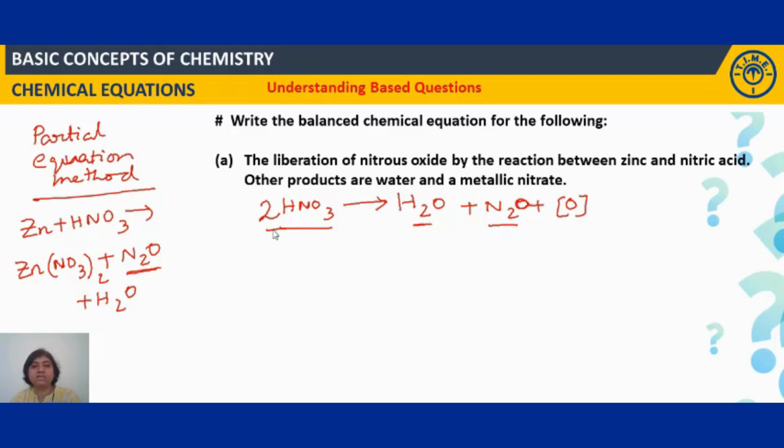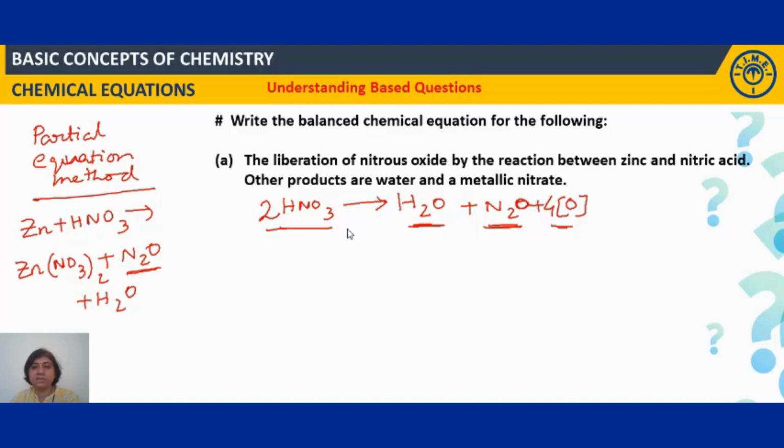Let us look at oxygen atoms. So 2 3s are 6. In water there is 1 oxygen atom. In nitrous oxide there is 1 oxygen atom. So 2 are over. Out of 6, 2 are there in water and nitrous oxide. So how many more are required? 4. So 4 atomic oxygen or nascent oxygen, we are writing here 4. Now the equation is balanced. Hydrogen, nitrogen and oxygen all are balanced.